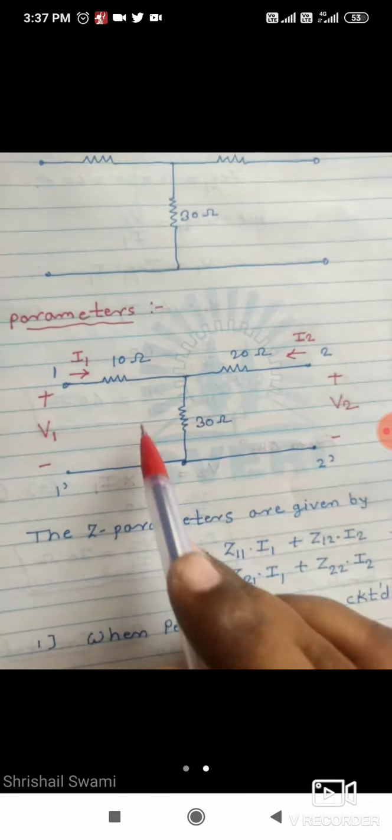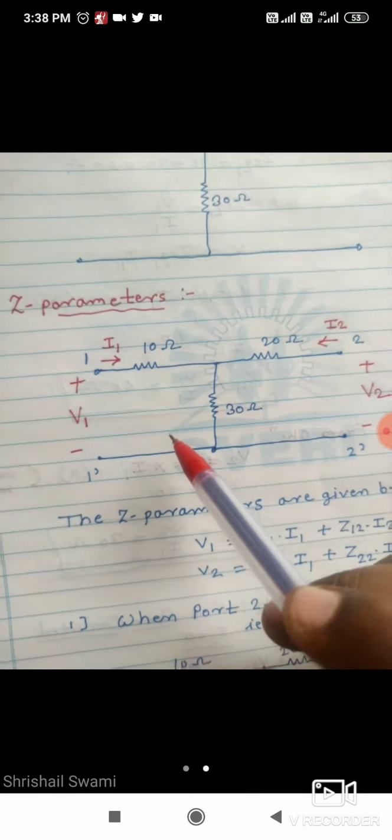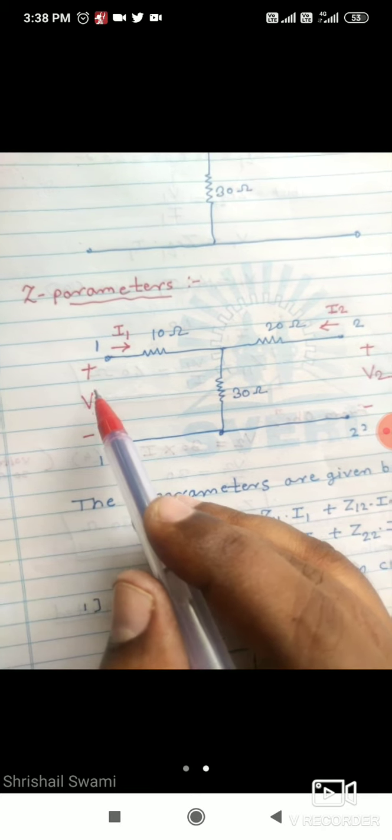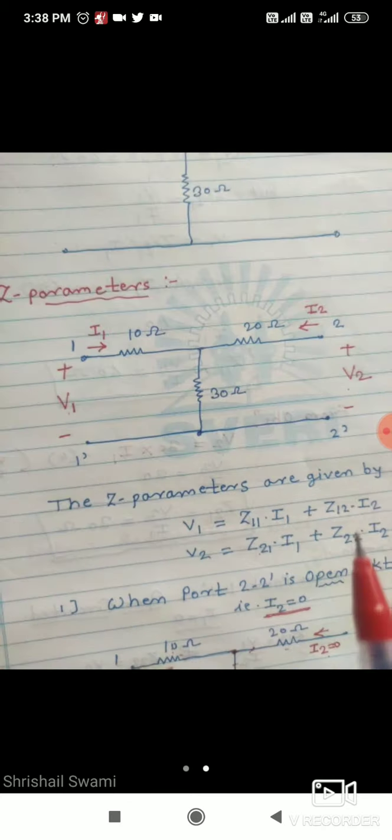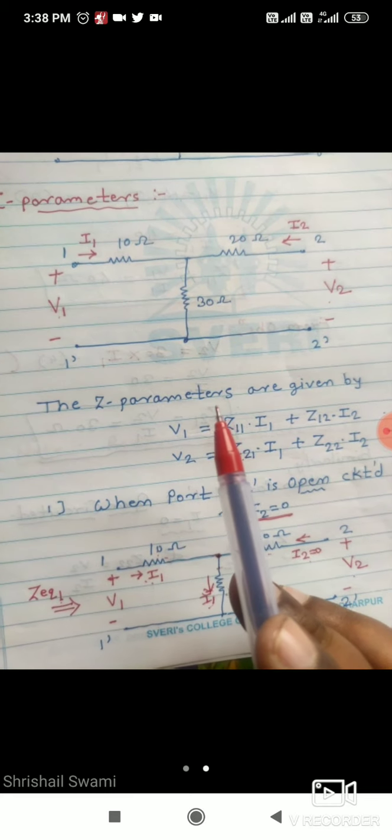So first of all, I will draw the circuit, so that I will mention everything in that circuit. So don't mark all those things in the question. You can redraw the circuit. So V1 port 1 voltage, V2 port 2 voltage, I1, I2. Mark all the variables. Give the names 1 1 dash, 2 2 dash. Remaining values all as it is.